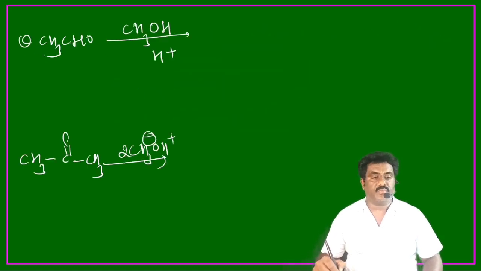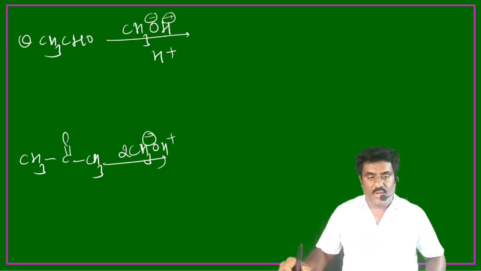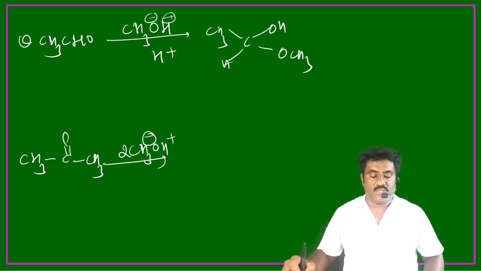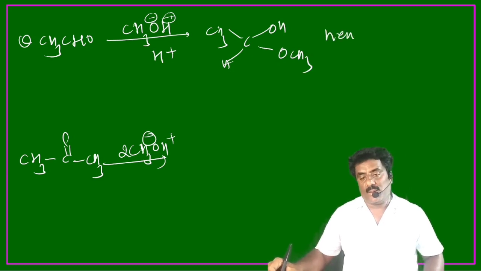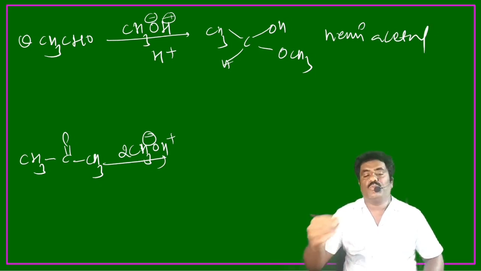See, CH3CHO with methanol, CH3OH, CH3O minus and H plus. Yes, it forms CH3CH with OH and OCH3. It is a hemiacetal. Yes, again CH3COCH3 with 2 moles of alcohol.